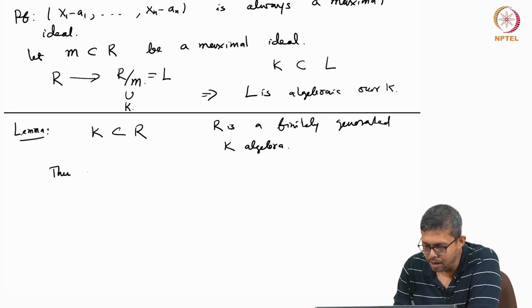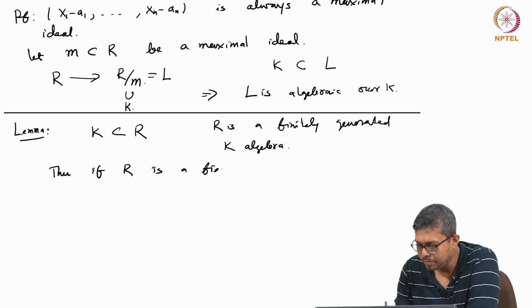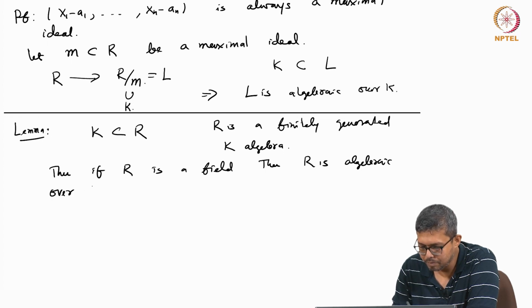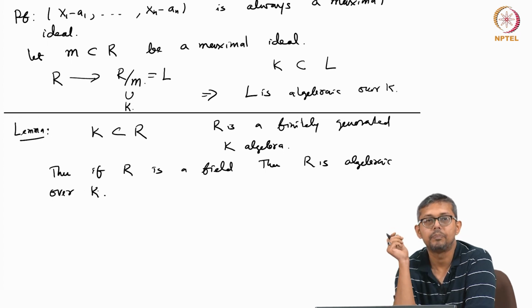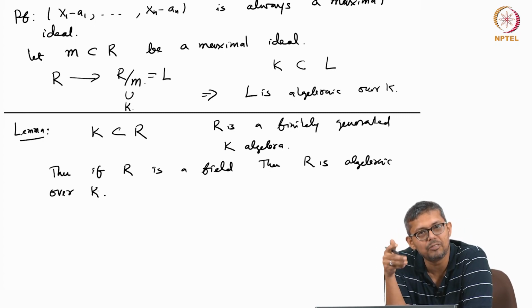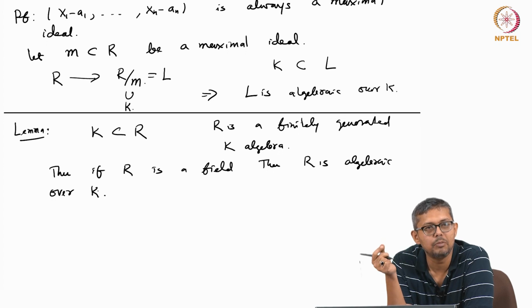Then if R is a field, then R is algebraic over K. Because you see that if it is not algebraic, then it will fail, there will be some transcendental element, and that transcendental element will tell you that it won't be finite type.